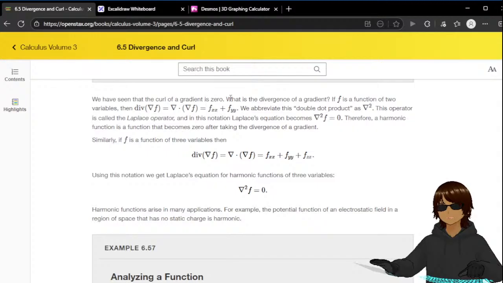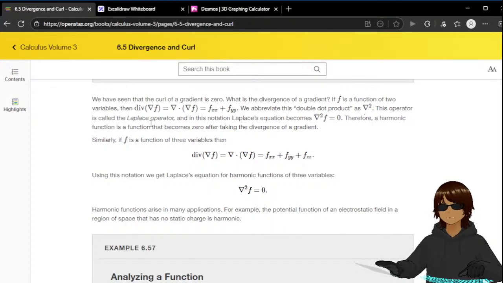We have seen that the curl of a gradient is 0. What is the divergence of a gradient? If f is a function of two variables, then divergence of gradient of f, which is gradient dot gradient f, is equal to fxx plus fyy. We abbreviate this double dot product as gradient squared.